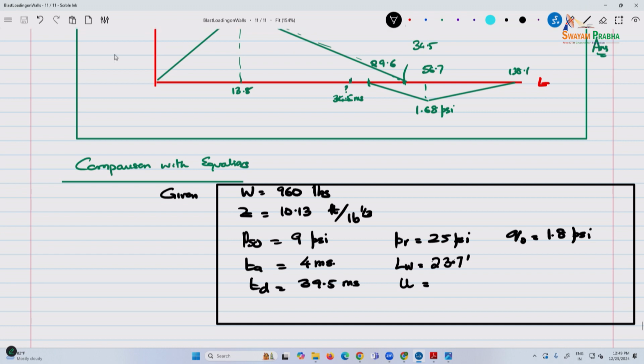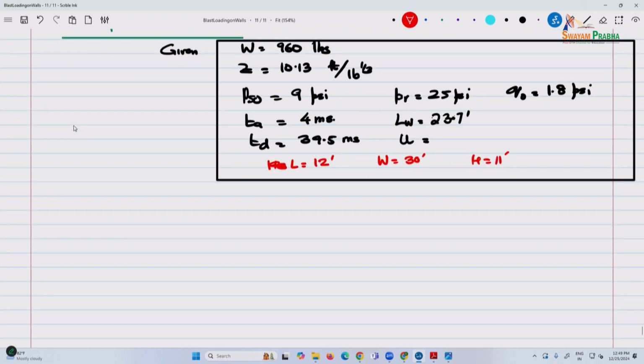And then the other parameters were H equal to L, which was 12 feet, W equal to 30 feet. Sorry, L was 12 feet and H is 11 feet. So, 40. Yep.